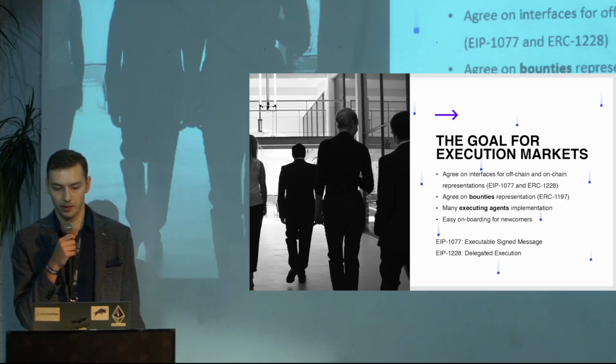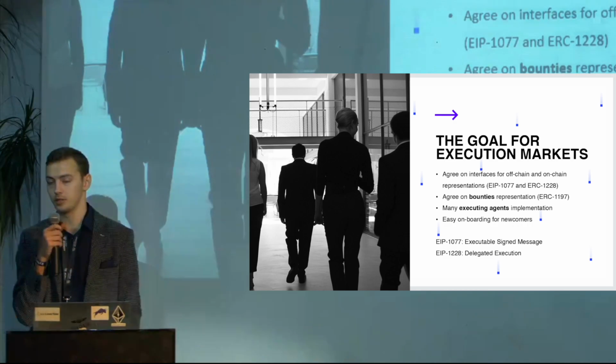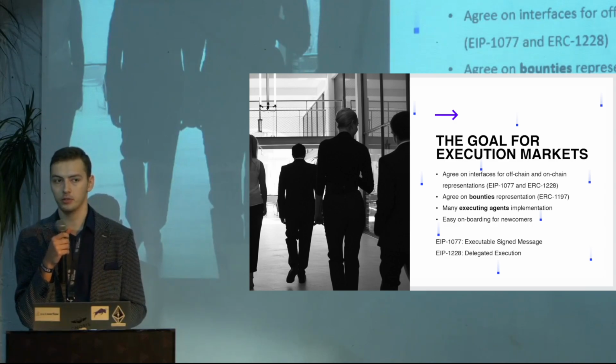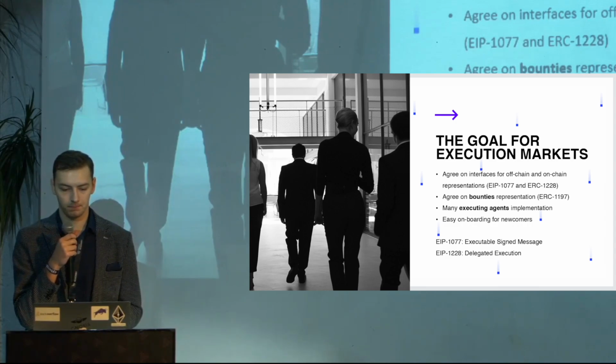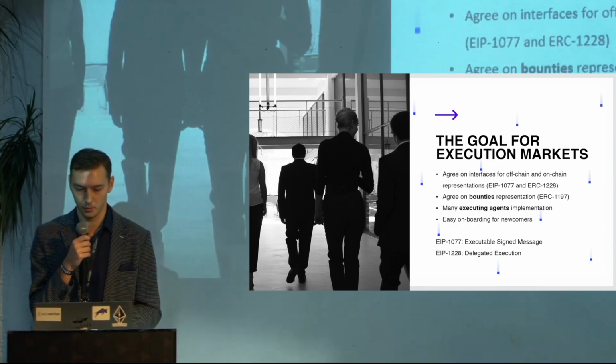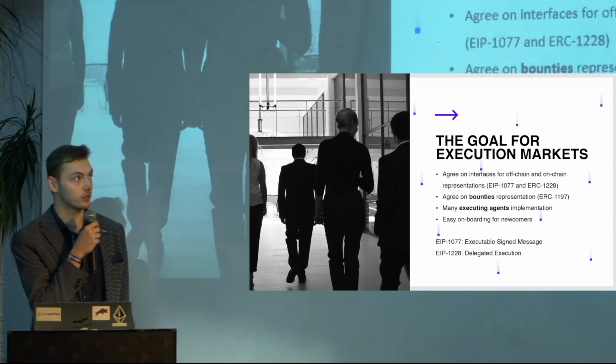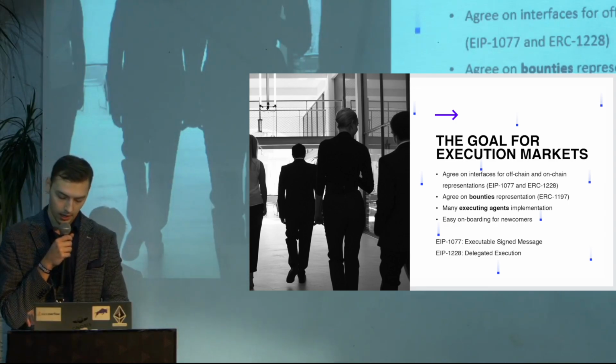So there's also bounty representation. This could be Ether. In the case of the Ethereum Alarm Clock on mainnet, it's now Ether, but it could be maybe tokens, maybe some other stuff. So there are some standards that the community has to agree on.